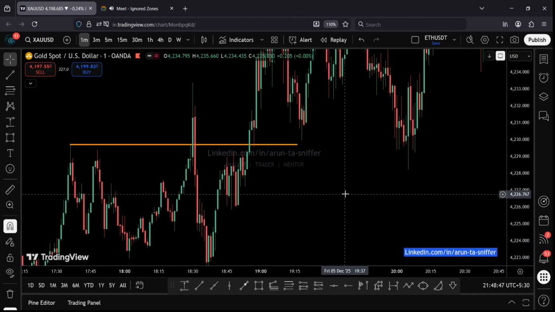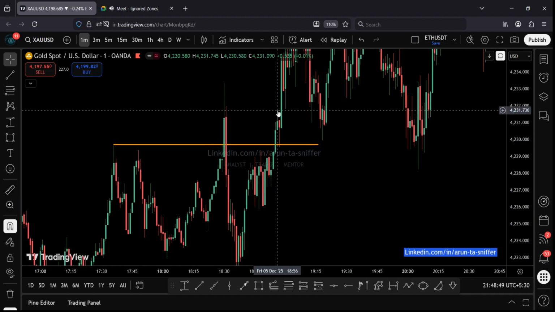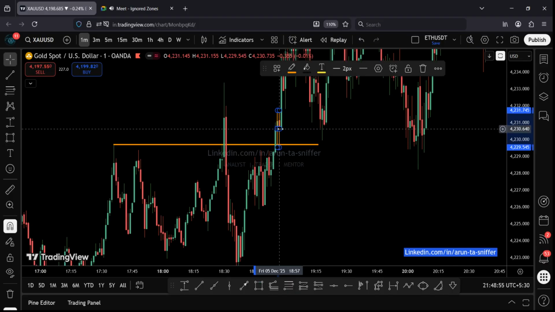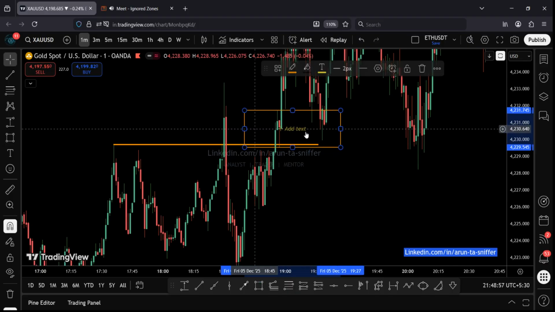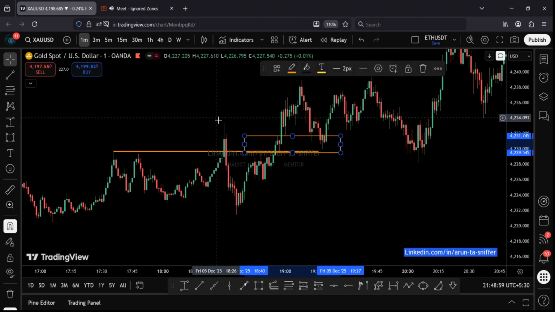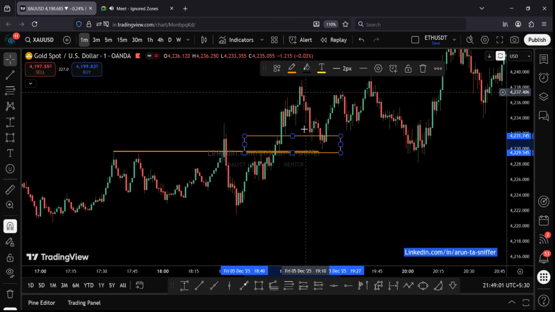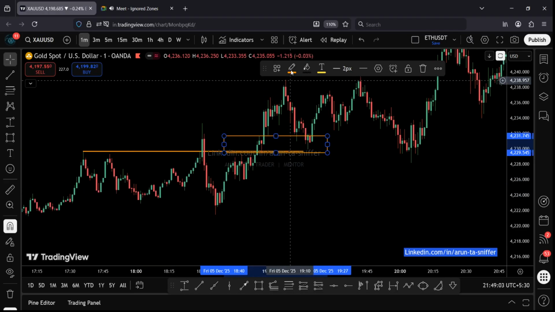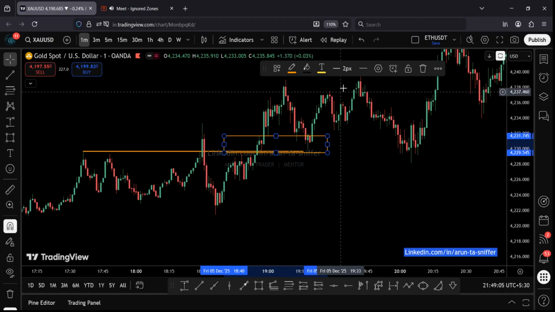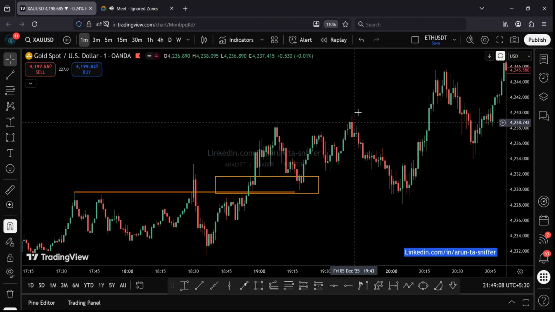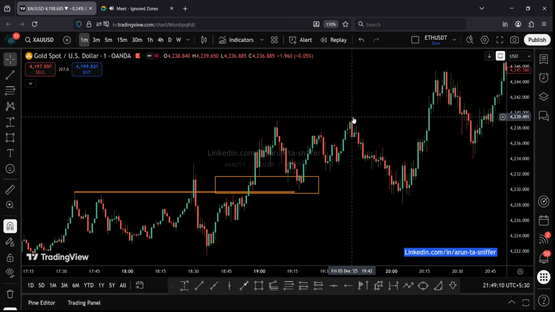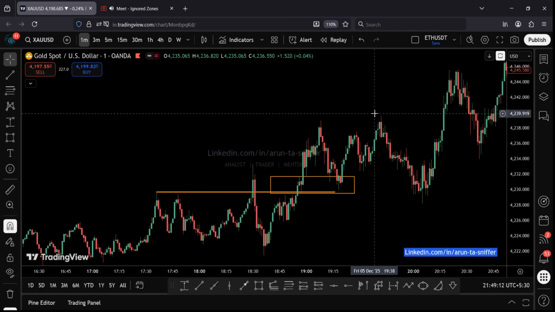Here, price goes up, ignores this QM, makes a swap here like this, and crosses this high and goes up again. What happened here? When price comes back again, price goes up till here. Okay? From here to here, it was a trade.